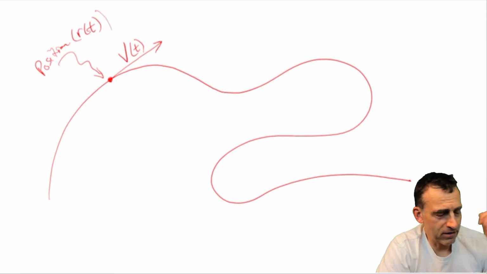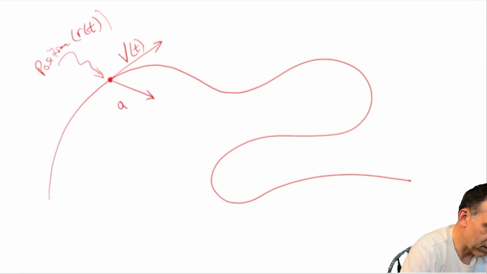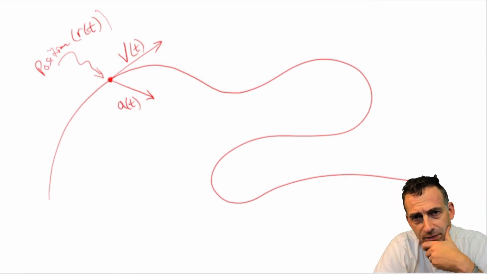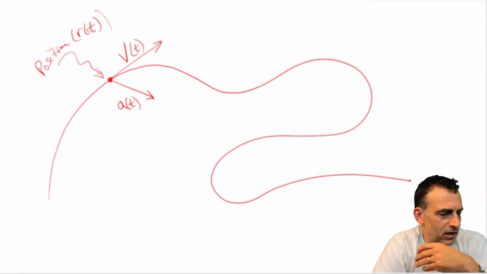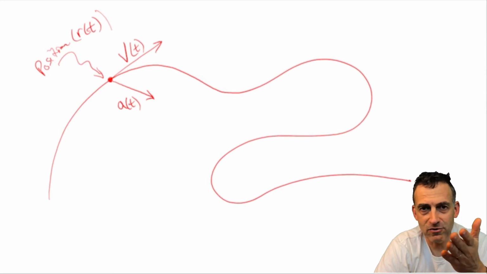I needed to clear out that inner space there because the deal with the acceleration is that it will point towards the inside of your curve. So your acceleration vector always points towards the inside of the curve. As you're turning, your velocity is changing in the direction you're steering.